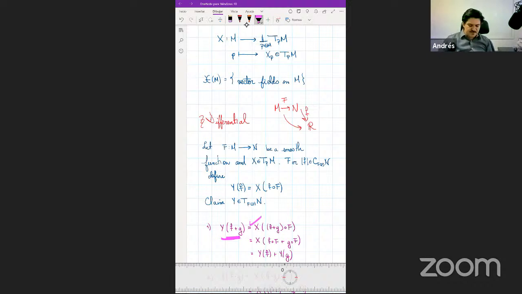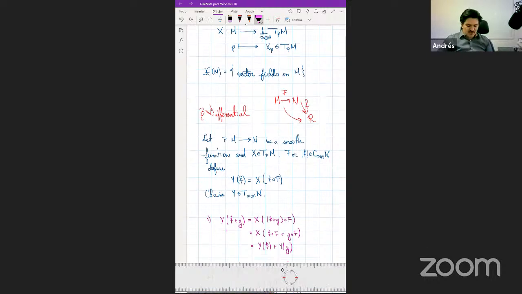So I have here the definition of Y, and then this composition breaks as the sum of these two compositions. X is a derivation, hence it is linear. And then again, I use the definition of Y. And that's how I prove that Y is linear. And so I didn't work out the details for the scalar, but it will work the same way.